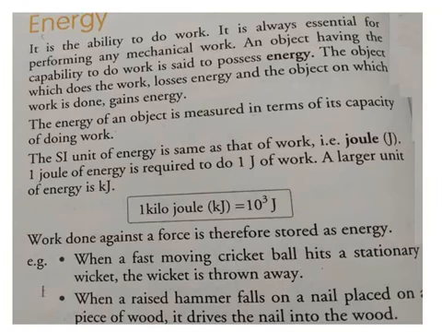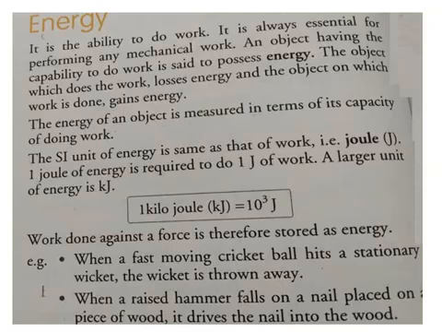The object which does the work loses energy, and the object on which work is done gains energy. The energy of an object is measured in terms of capacity of doing work.